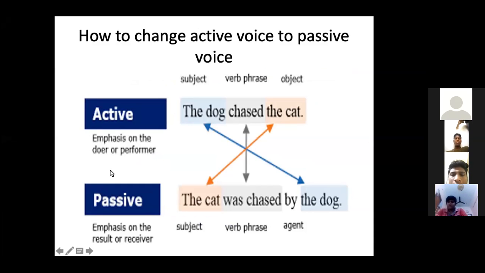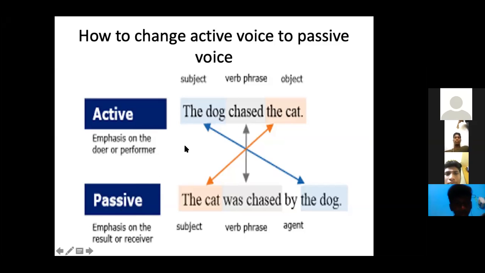So here you can see in the active voice, emphasis, that is the stress or importance, is given to the doer or the performer. So importance is given to the doer, the person who does the action. And in passive voice, emphasis is on the result or the receiver. Okay, so the importance or the focus is given on the result or the receiver. Here it is doer, here it is receiver.